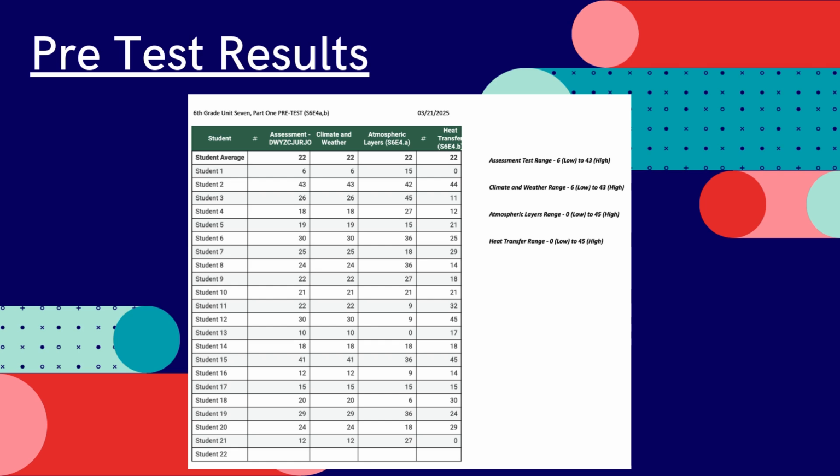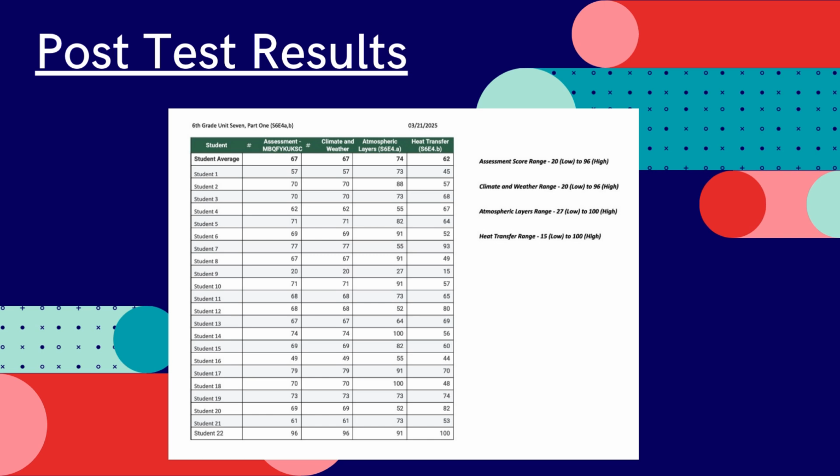And then for heat and transfer, the score ranges again from 0 up to 45. So they were pretty low. The kids were not real familiar with the information that was going to be presented in the unit.